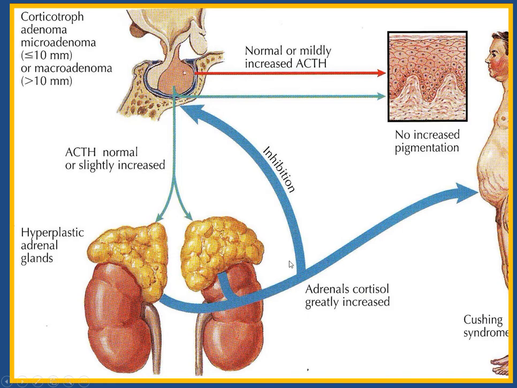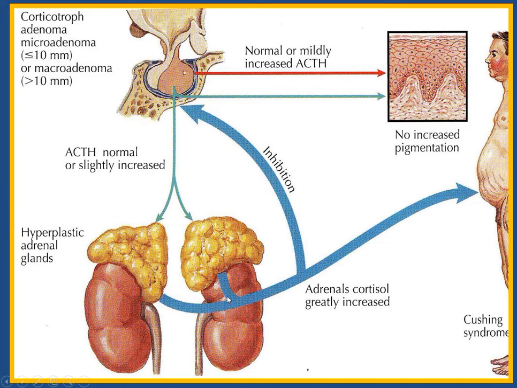This cortisol results, on one hand, in the manifestations of Cushing syndrome, but on the other hand, the feedback action of this cortisol on the ACTH-producing adenoma results in inhibition of ACTH secretion, because the secretion of ACTH is partially reactive to this inhibitory action.